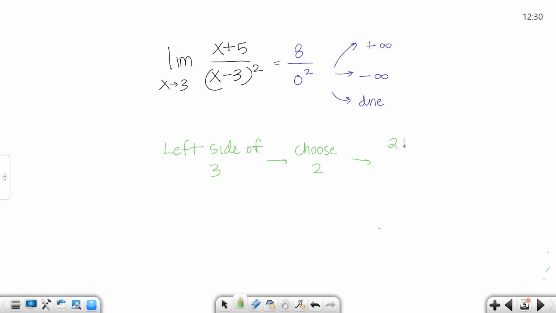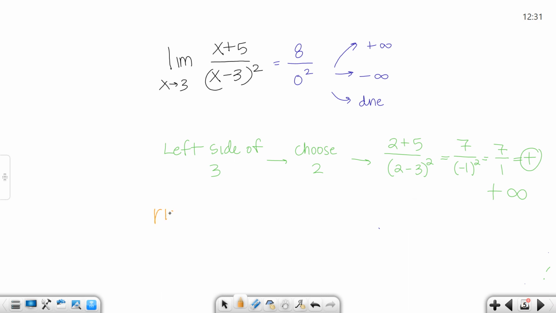So I would get 2 plus 5 over 2 minus 3 squared. So that would be 7 over negative 1 squared, which would be 7 over 1. I do not care about the value, I just care about the sign. So this answer would let me know that I have a positive result. That means it's going to go to positive infinity.